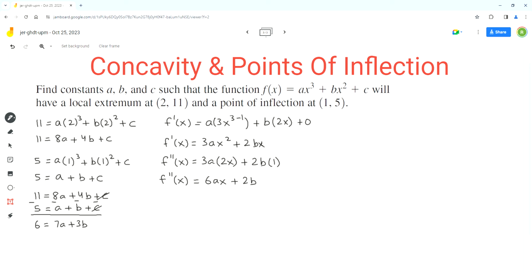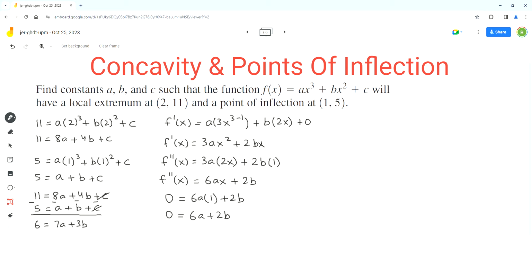Now since the inflection point is at (1, 5), we can sub in the second derivative as equal to 0 for x equals 1. So we get 0 equals 6a times 1 plus 2b. Now we can simplify this equation. 0 equals 6a plus 2b.